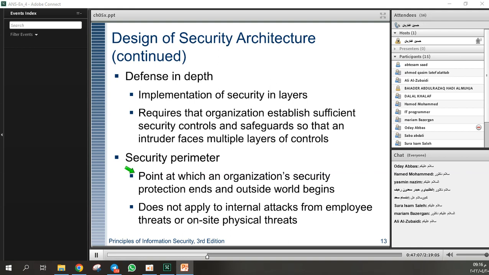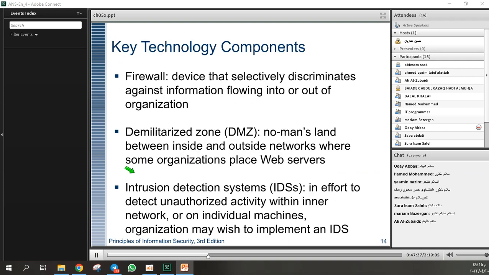So I cannot apply the same security guards and security controls in both cases, internal attacks or external attacks. Their threats are completely different. The threats come from internal employees, and the threats come from external people.